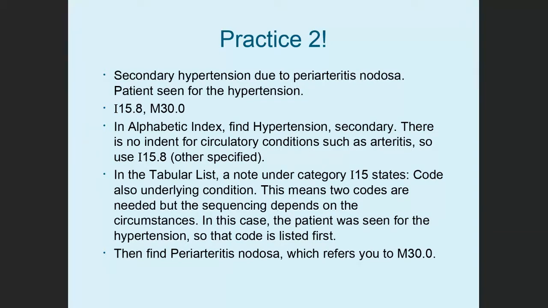This means two codes are needed, but the sequencing depends on the circumstances. Remember the definition of code also. In this case, since the patient was seen for the hypertension, you're going to list that first. Then find periarteritis nodosa, which refers you to M30.0.